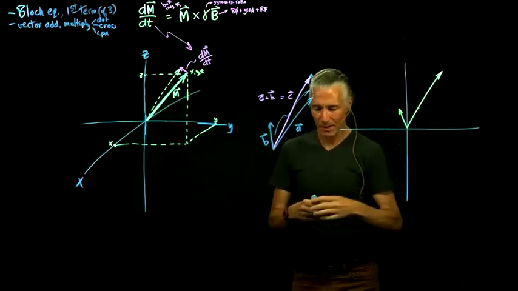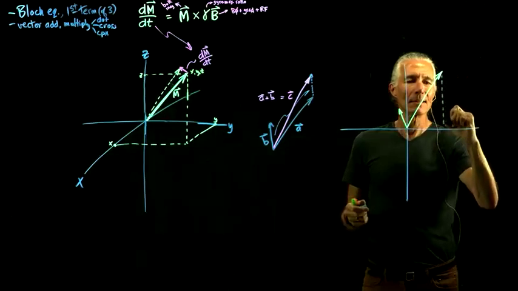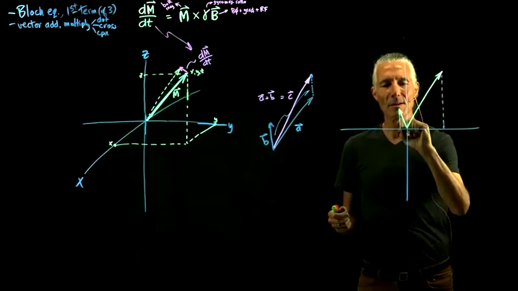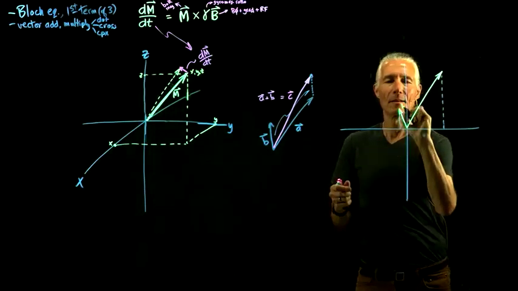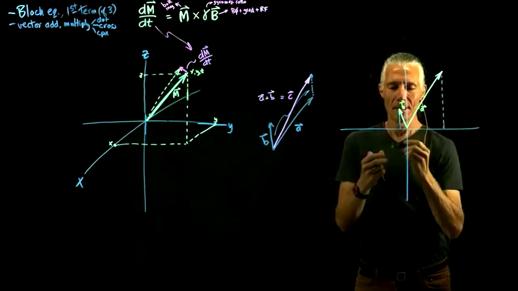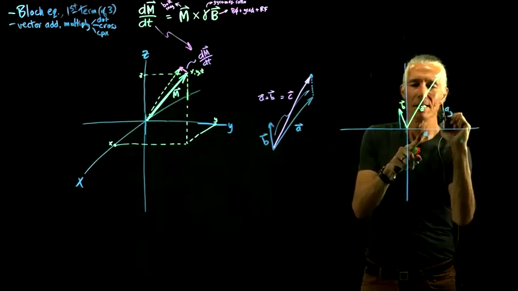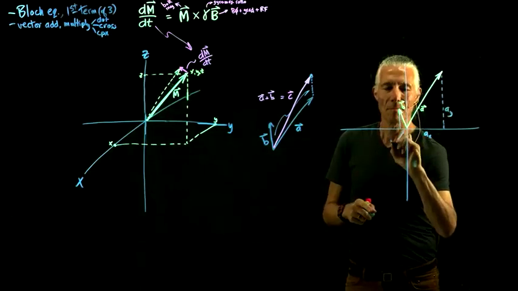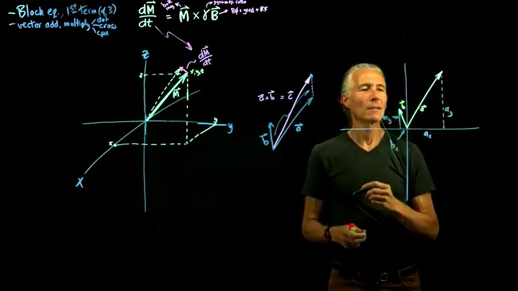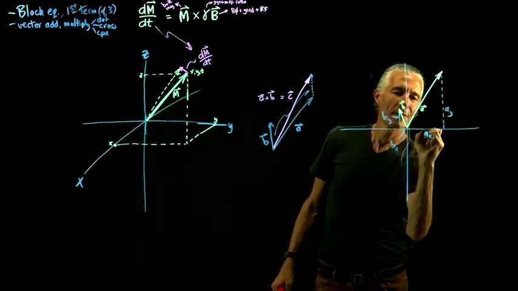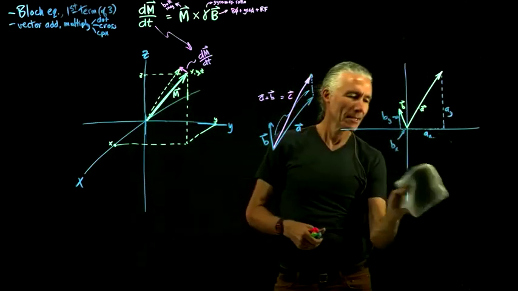So how do we add those things? We basically add the x coordinates to the x and the y coordinates to the y. So this guy was B, and this guy was A. Here's AX and AY, and BX and BY. We just add the x's to the x's and the y's to the y's.